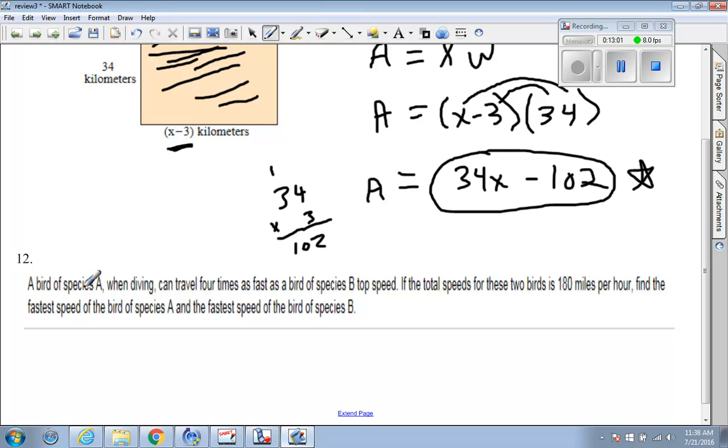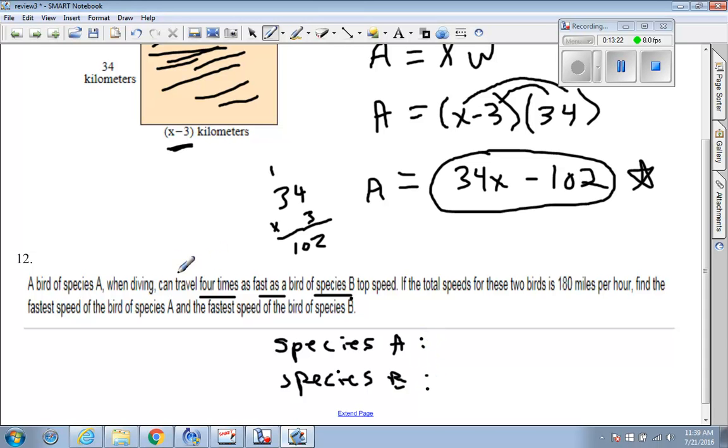A bird of species A, when diving, can travel 4 times as fast as species B. Now that we start to head into word problems, the big thing is lay out the pieces of the puzzle. So let's lay out species A, species B. And then you just kind of think it through and translate. Lots of translating.